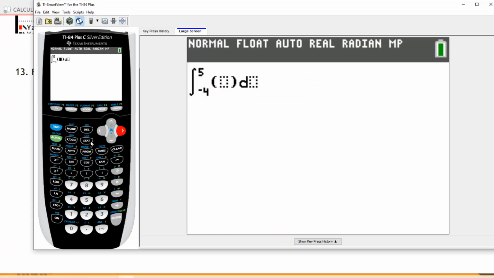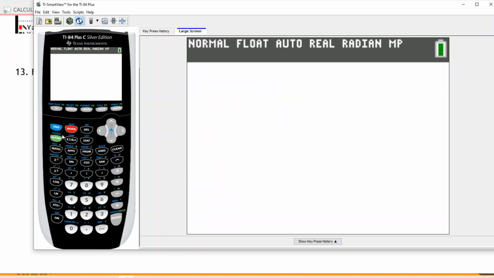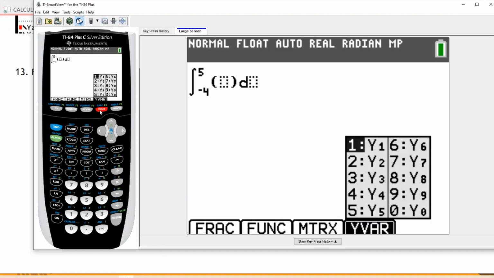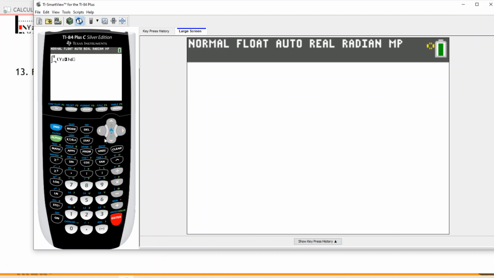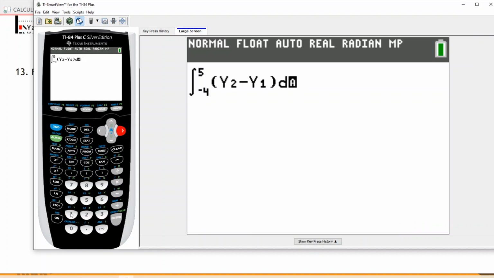So the top function is linear, the bottom function is quadratic. On the calculator, I'll integrate from -4 to 5. Let's make sure the linear is in y2. So we're going to do y2 minus y1 dx.